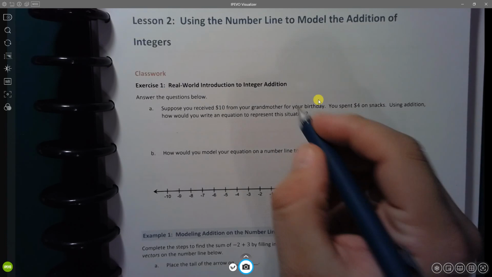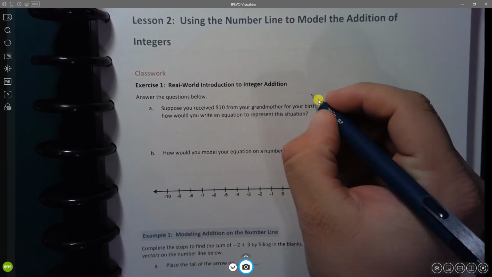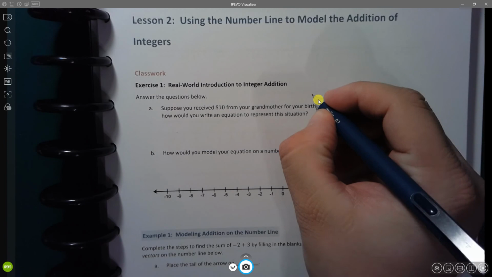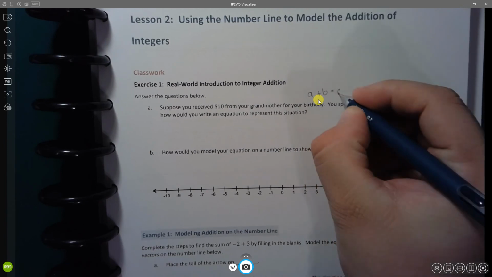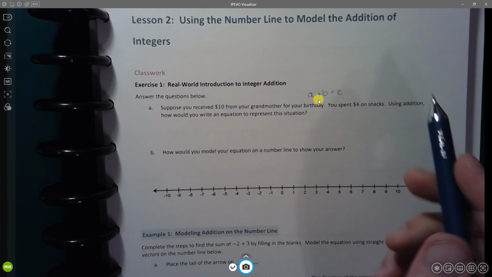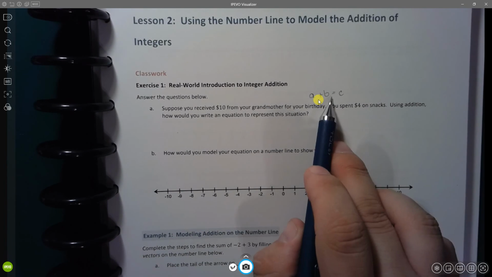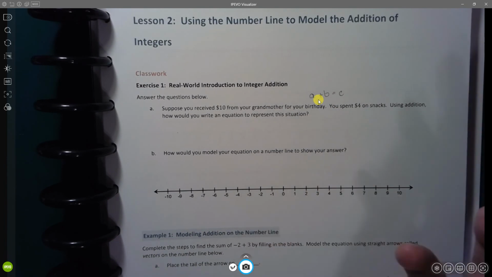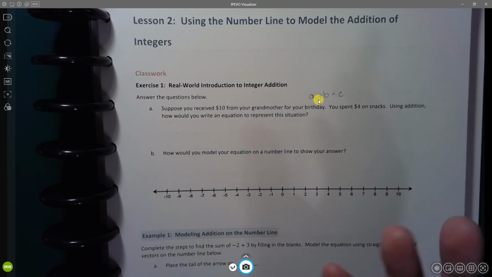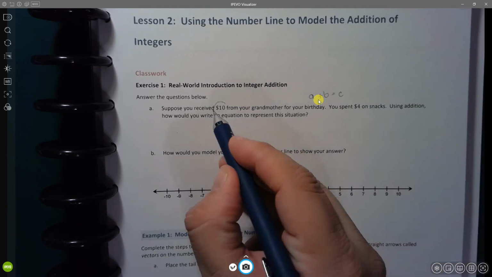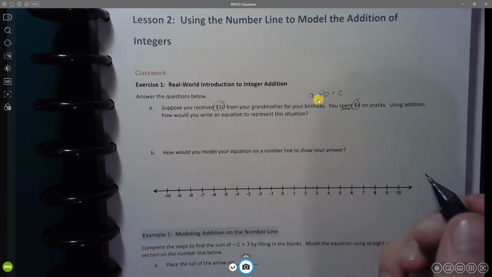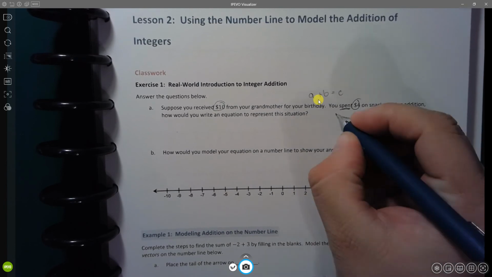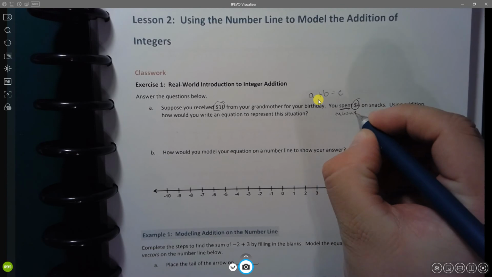If you remember today, I showed you that an equation was basically something like a plus b equals c. The equation has to have an equal sign. So I want to write the equation to represent this. I know that I have 10 bucks and I spent 4. When we see the word spent, we know this is going to be a minus problem because we're losing money.